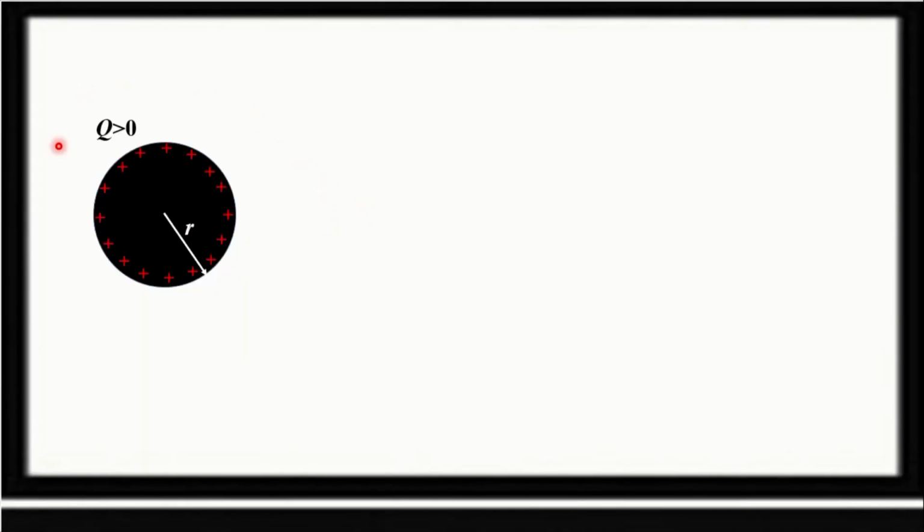Now we consider the problem in more detail. We start with a uniformly charged ball and calculate the surface charge density, which is defined as charge over area. For the area of the ball, we have the equation A equals 4 pi r squared, and plugging this value into the equation for sigma, we get the following result for surface charge density.